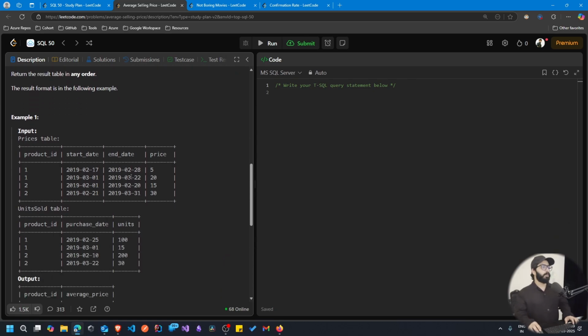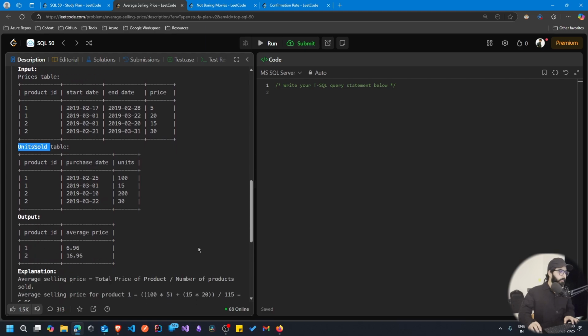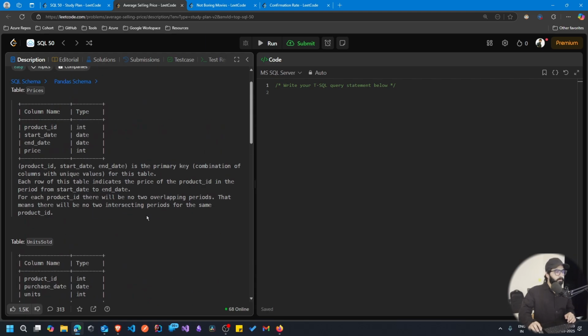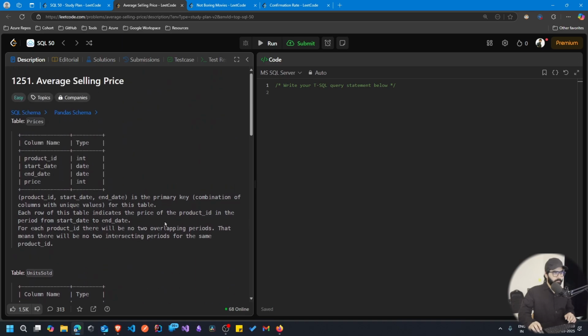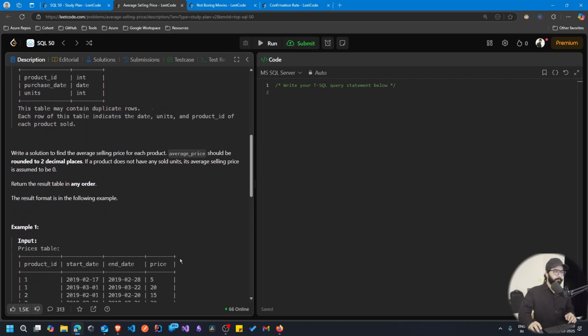Okay, so we have these prices, these units sold, and one start date 17, end date 28. Yeah, for each product ID there will be no two overlapping periods.